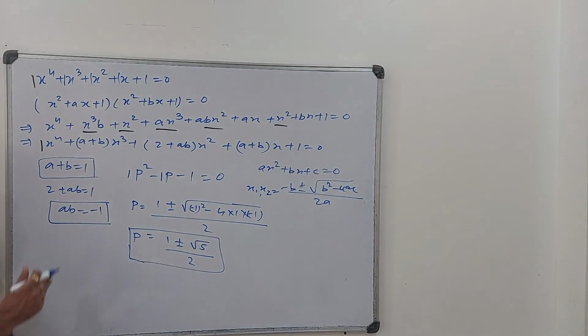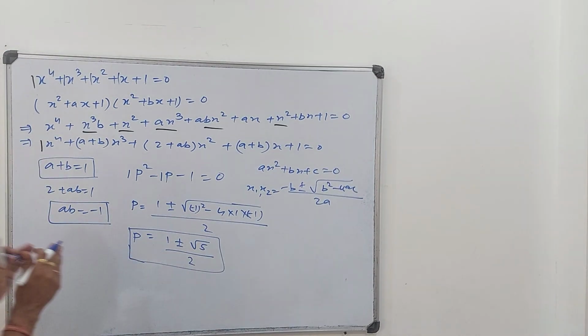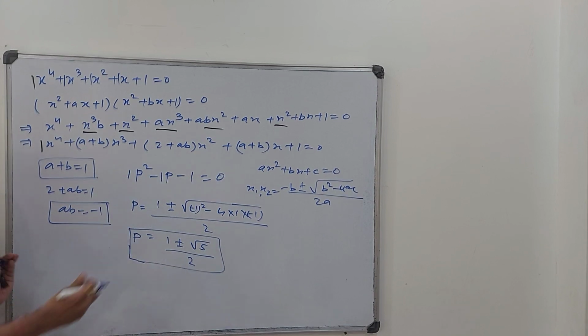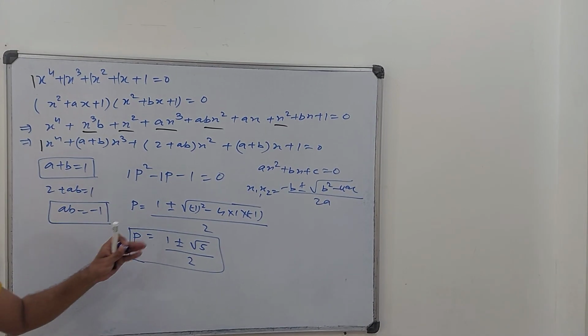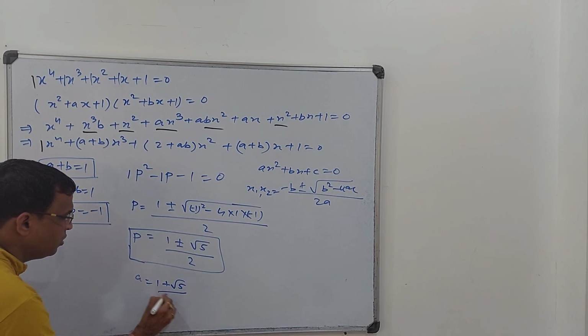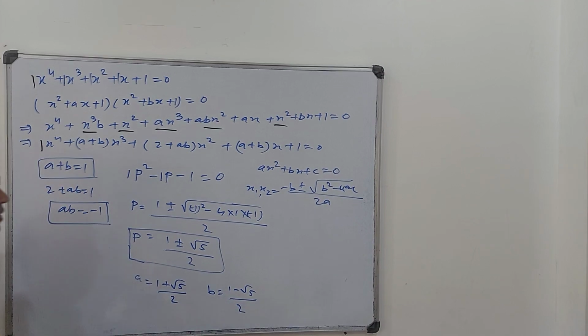Now what actually is p? It is nothing but we have converted into quadratic form, so it is a and b only. So I can consider a to be 1 plus root 5 by 2 and b to be 1 minus root 5 by 2, something like that.